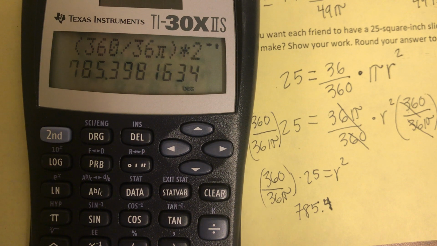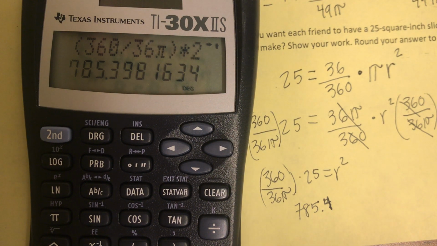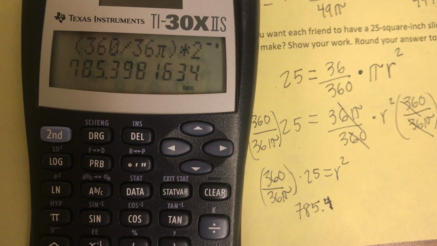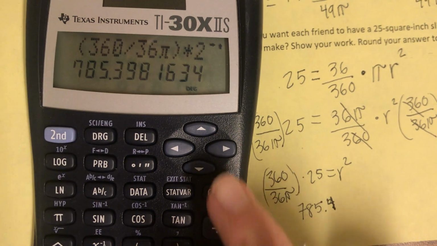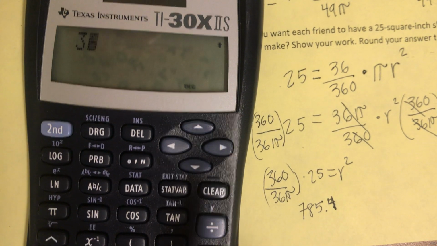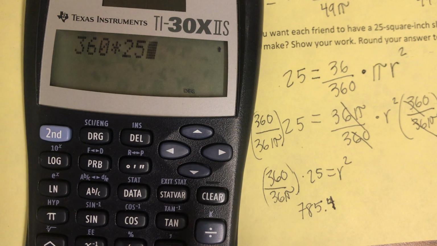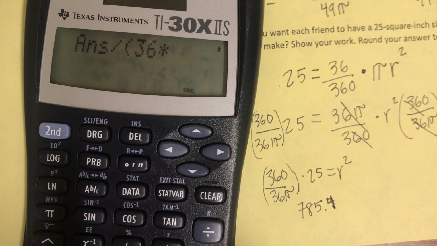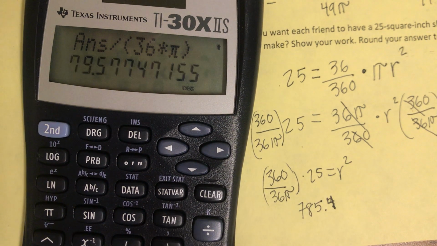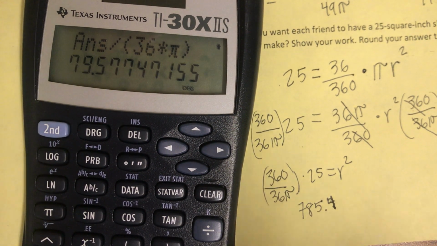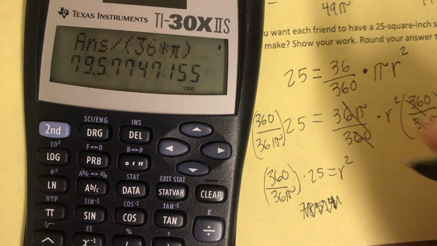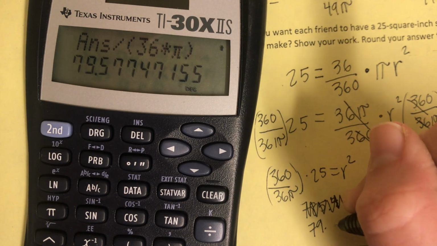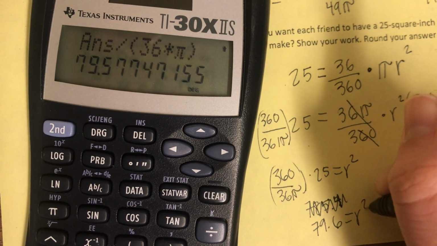Hold on. Let me try it a different way. So if I did 360 times 25, I get that, and I divide by 36 times pi. Oh, there we go. It should be 79.6 about equals r squared.